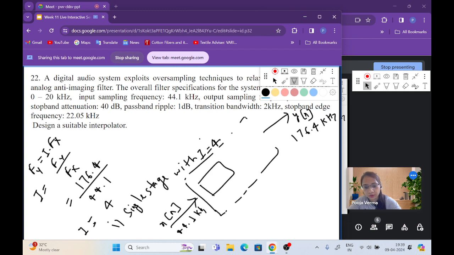So we have the interpolation by 4, which then passes through the anti-imaging filter H[n]. This is a single stage interpolator system. Now, if we want to design a two-stage one, what do we need to do? Please note it down so that I can remove it. Then I will go for two-stage interpolation.